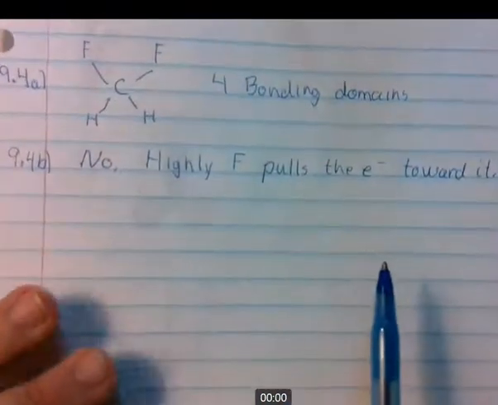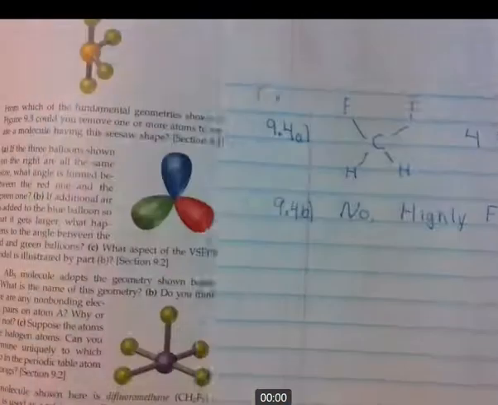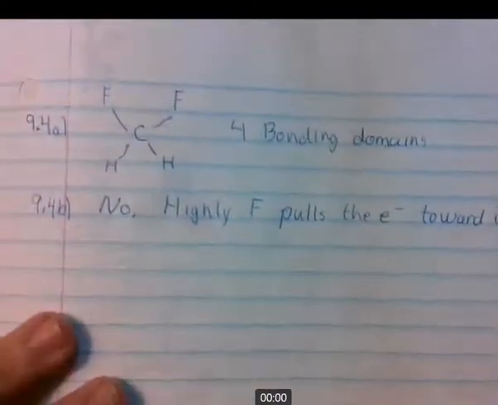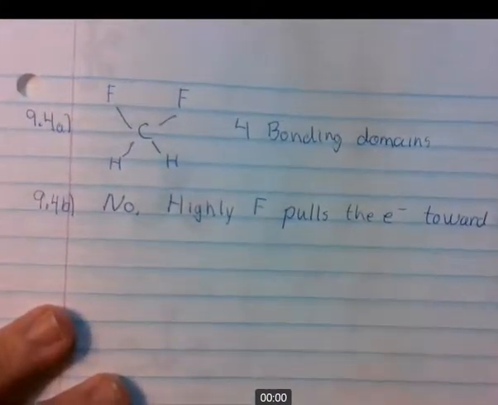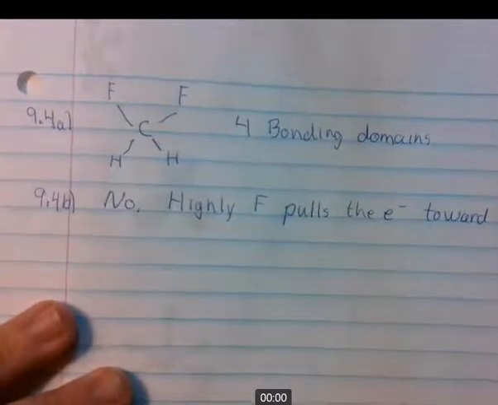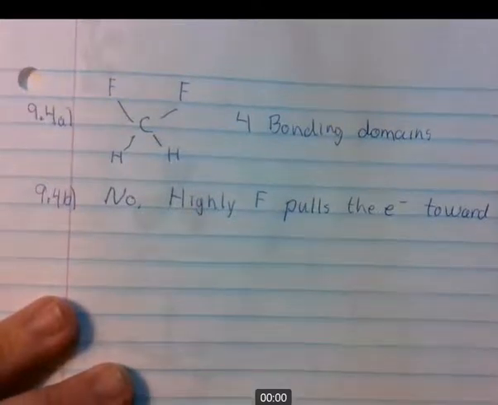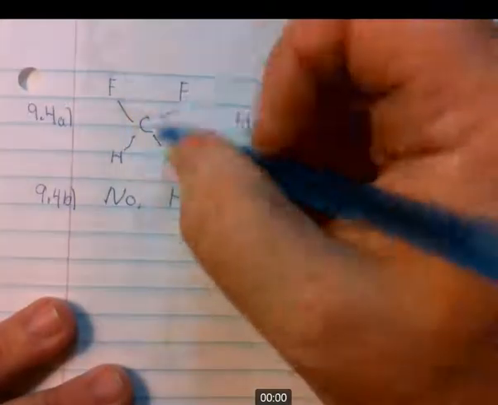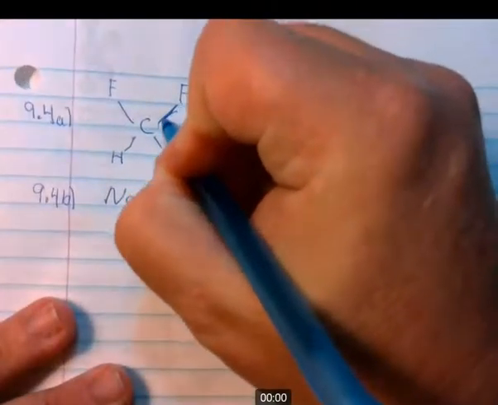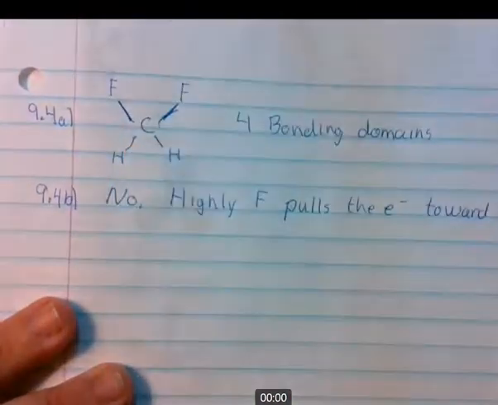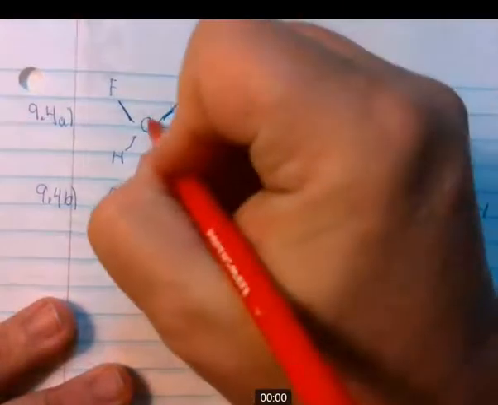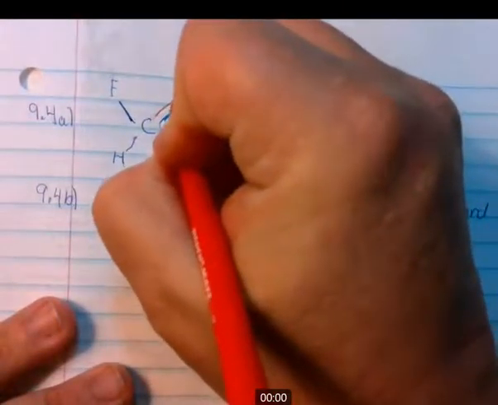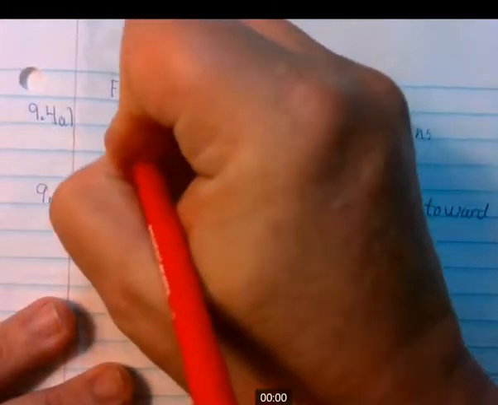And then C: if the molecule is polar, what is the direction of the overall dipole? So let's use our vectors. I'm going to grab a red pen here, and I should have drawn these lines a little more evenly. They should both be going up at the same angle, and that's significant because I'm going to draw a vector here. The electrons are being pulled in the direction of the red arrow.